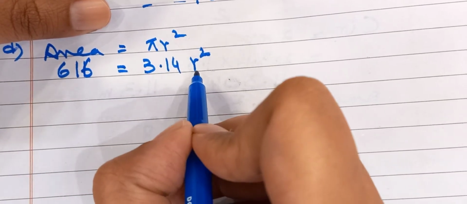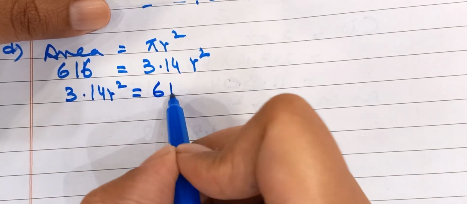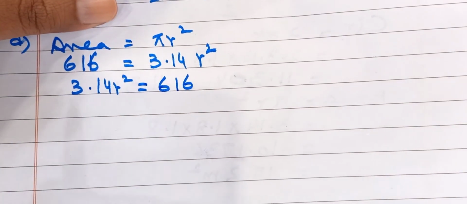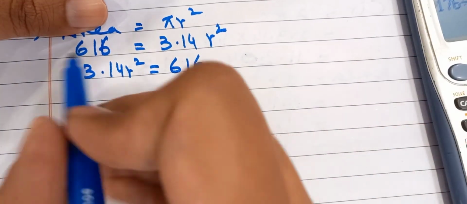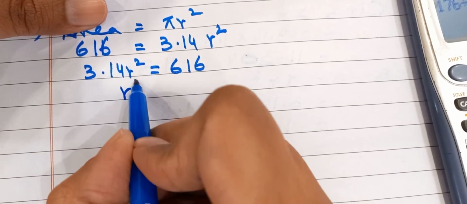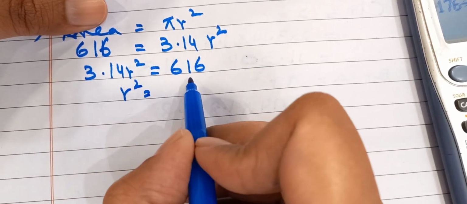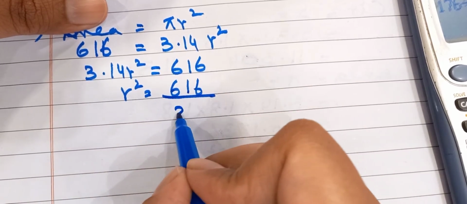Here I will take the variable to the left hand side by swapping the equation. Swapping does not change the signs. LHS and RHS are interchanged. Now I just need r, so the 3.14 will go to the RHS. Here it is multiplying, so it will divide.